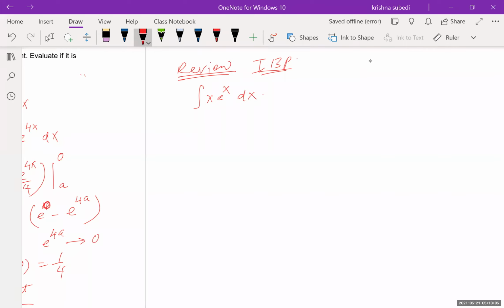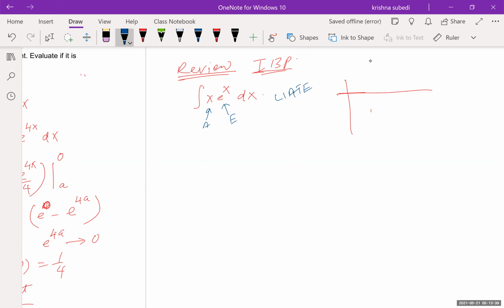I trust that everybody knows how to evaluate this by using integration by parts. And one of the ideas to evaluate this integral using IBP is a tabular method, in which you make a table. This is your algebraic function and this is your exponential function, and we know the rule LIATE.